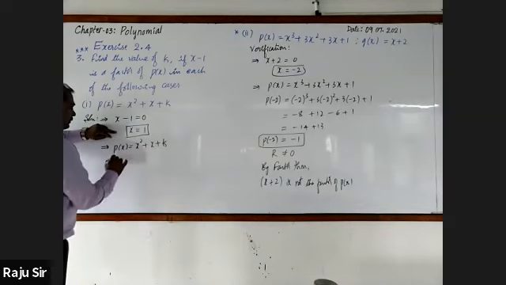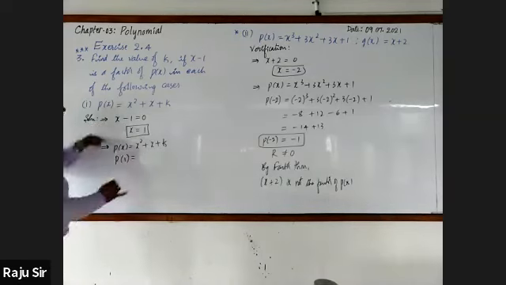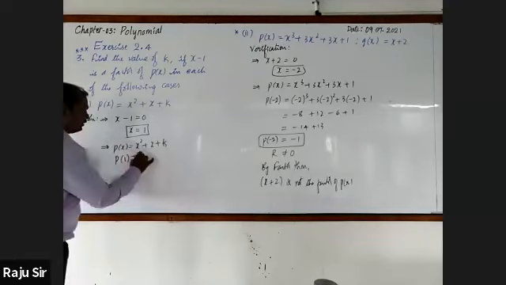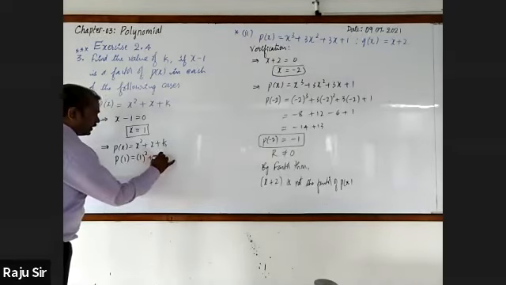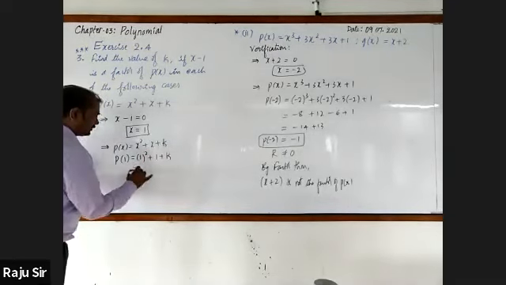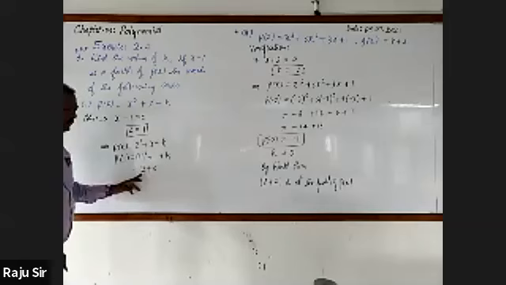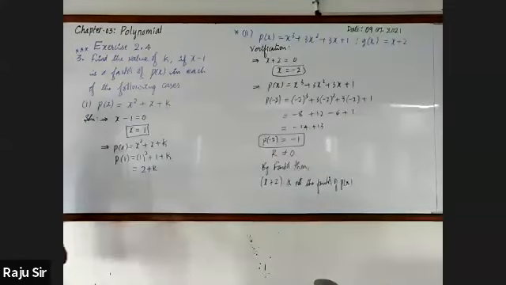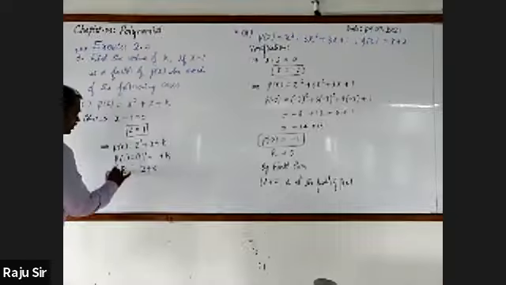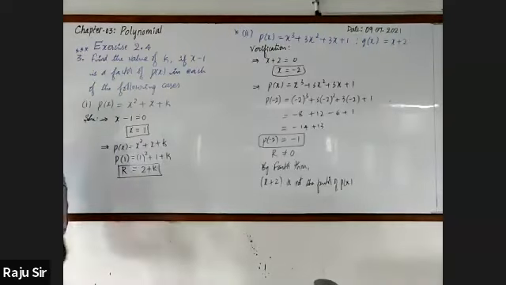Substitute 1 in place of x. P of 1 is equal to 1 whole square plus 1 plus k. It is 2 plus k, because 1 square is 1, then 1 plus 1 is 2. The remainder r is equal to 2 plus k.